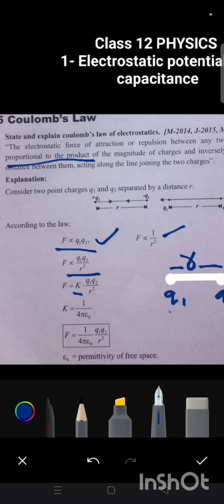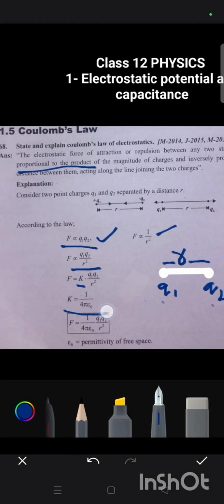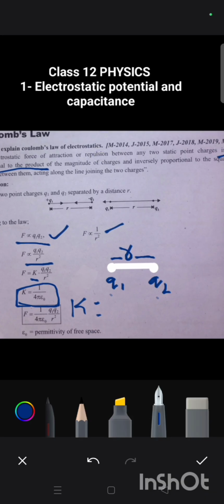Later, K value was found to be 1 by 4 pi epsilon naught. This is very important. K is equal to 1 by 4 pi epsilon naught. Later we consider values also for solving the problems. That time the value of K is 9 into 10 raised to 9. This is important.